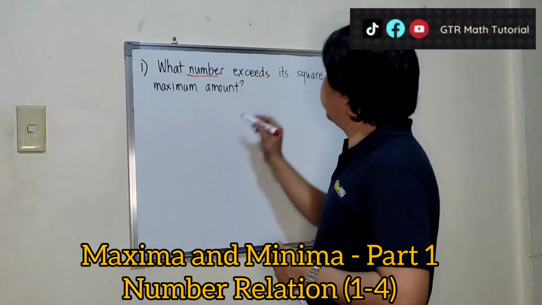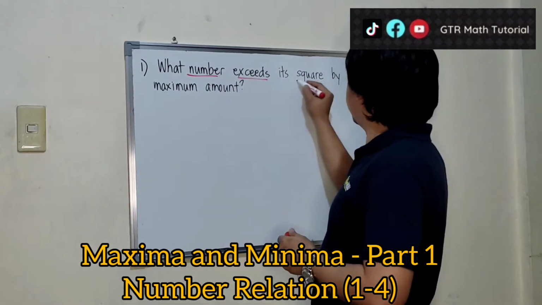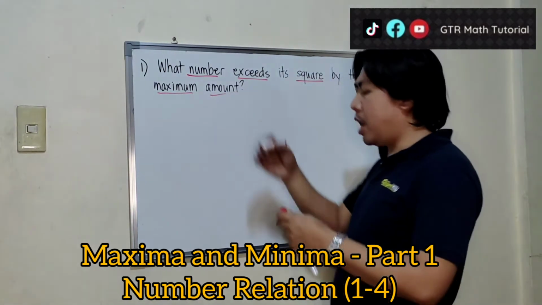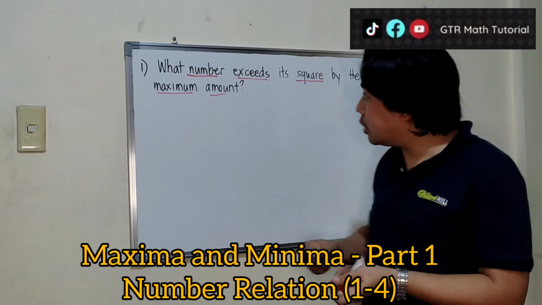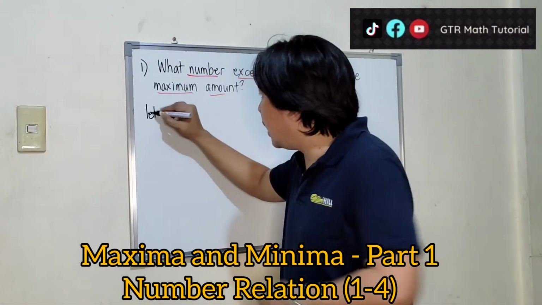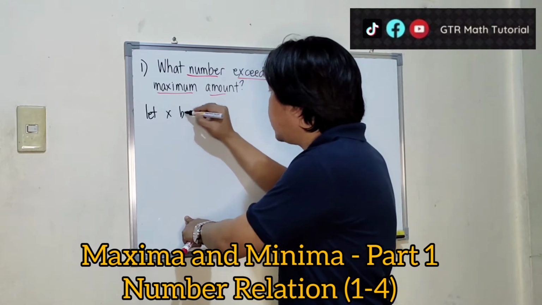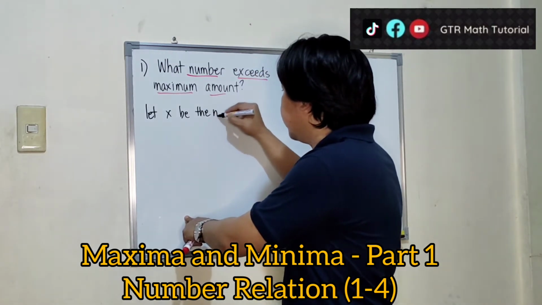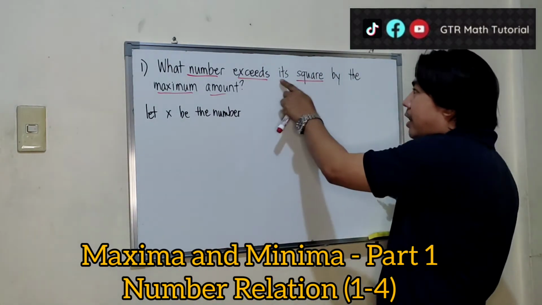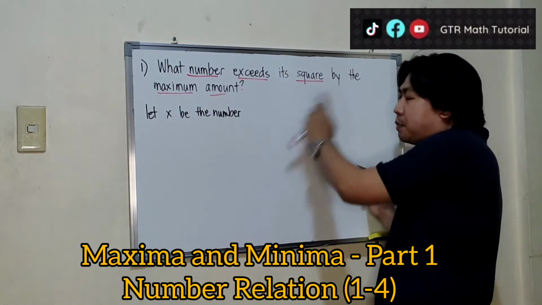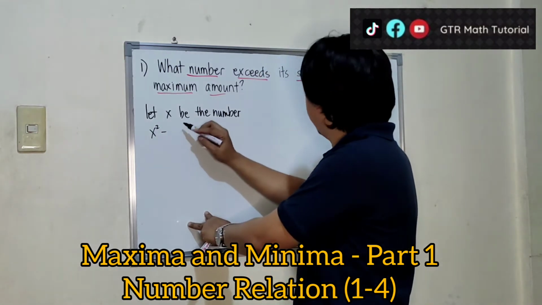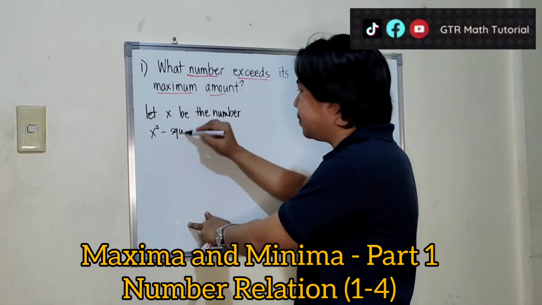We do not know the number, so let x be the number. If x is the number, then its square is expressed as x squared. So x squared is the square of the number.